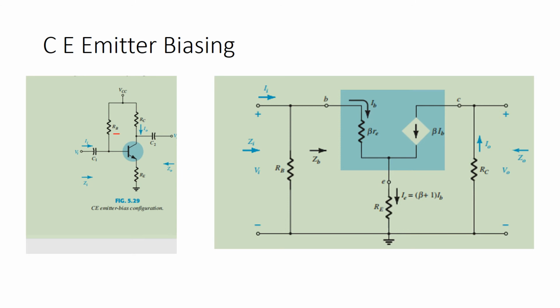Here we have to see that the emitter resistance comes into picture. Between the emitter and base terminal there is a component beta Re. Between the collector and the emitter there is a current source beta IB.